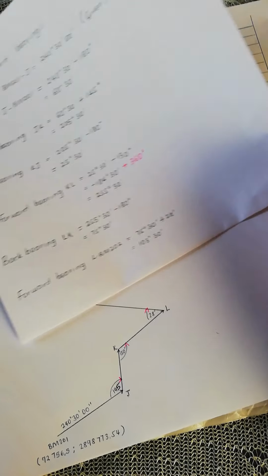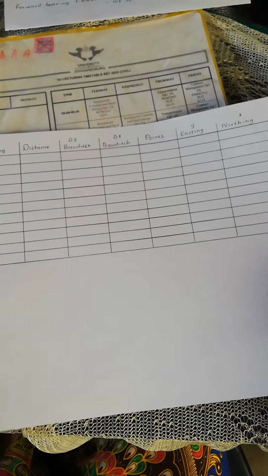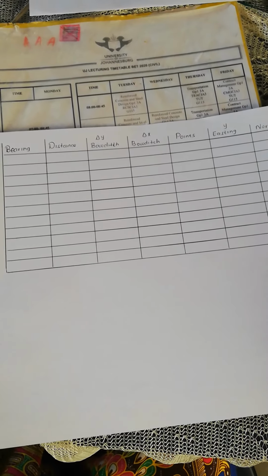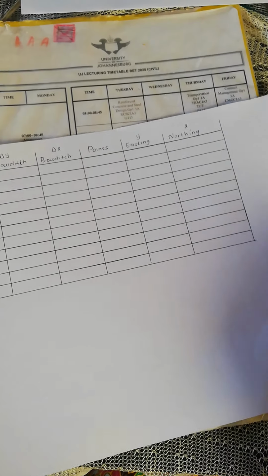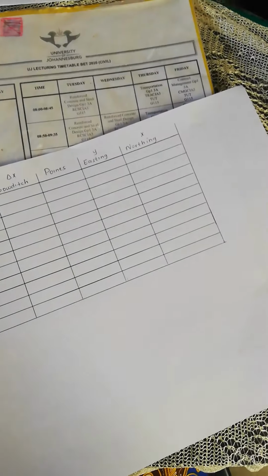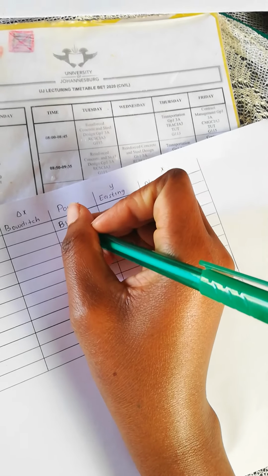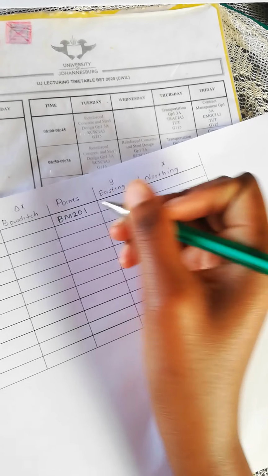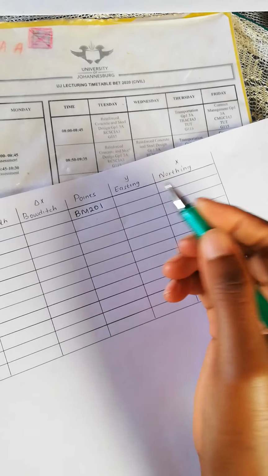When you are done with your bearings, that's when you come to your body table and fill in those bearings and distances. Before you fill in the bearings, you must write your points down first. The first point is benchmark 201. Before you write the second point, you must skip a line. Always skip a line.